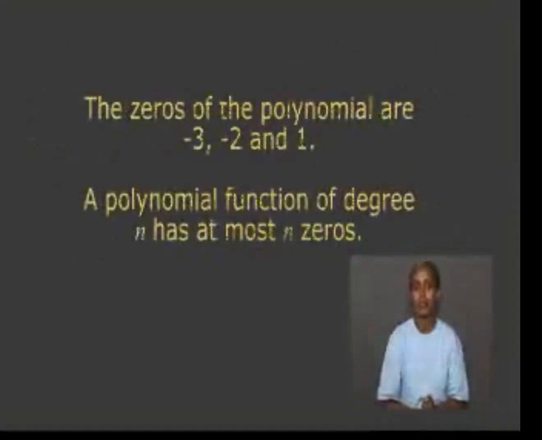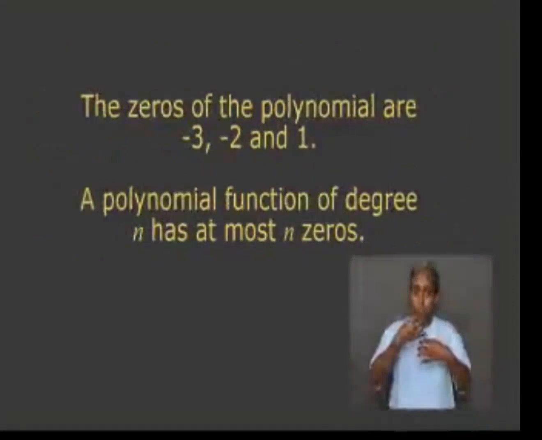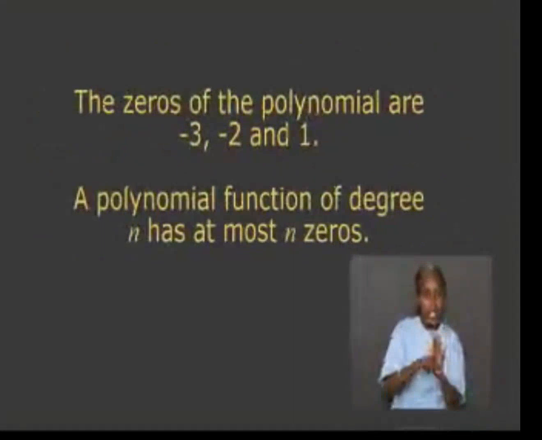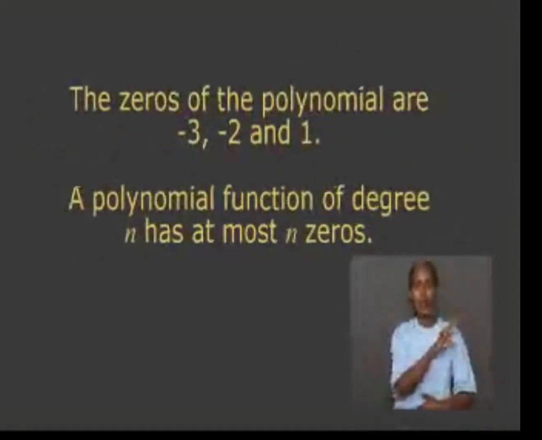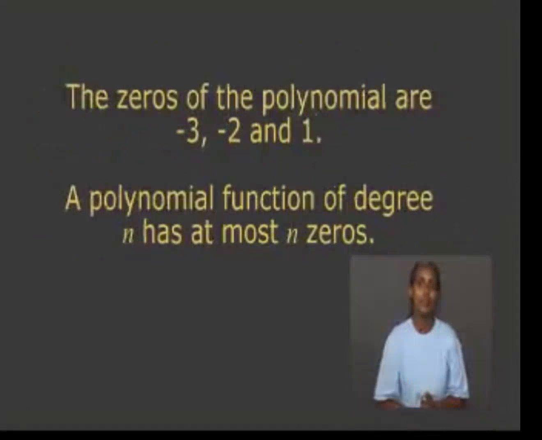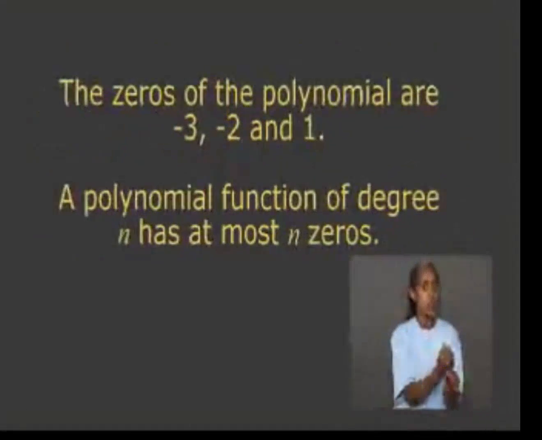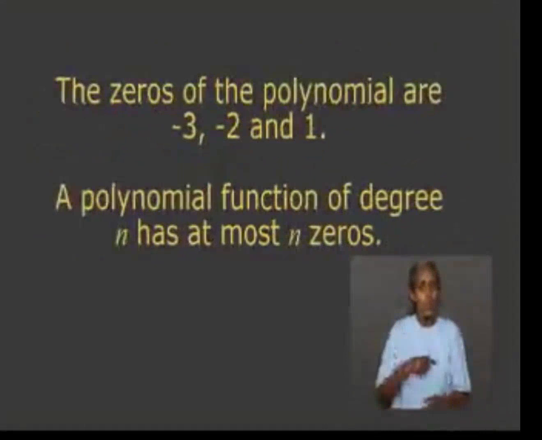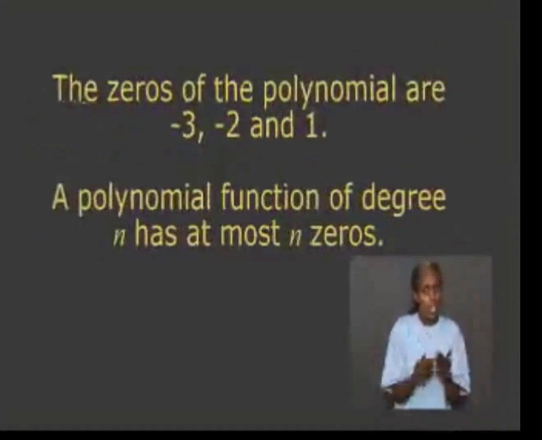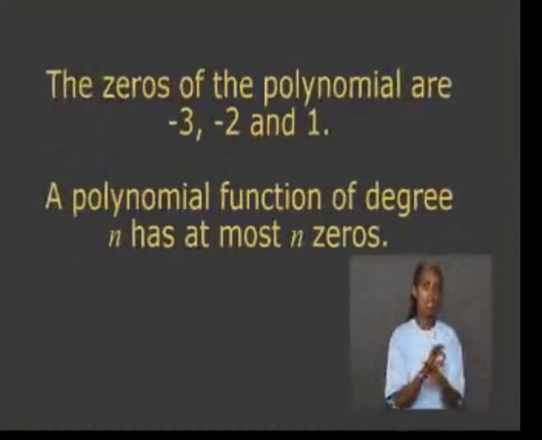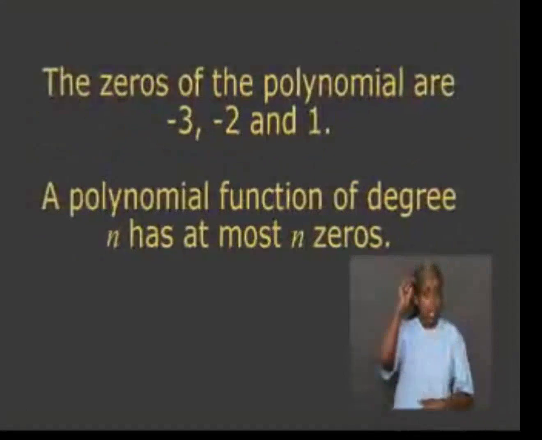We have concluded that the zeros of the function are -3, -2, and 1. Were those your answers? Good job. We can also deduce from this exercise that a polynomial function of degree n has at most n zeros.